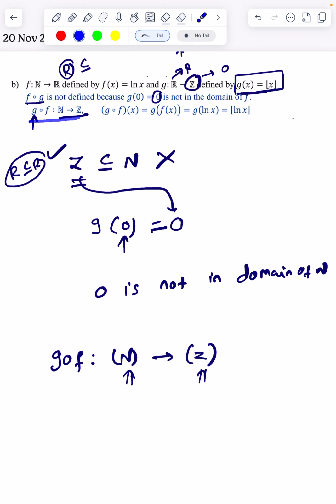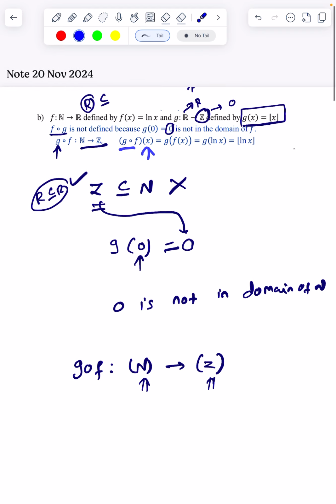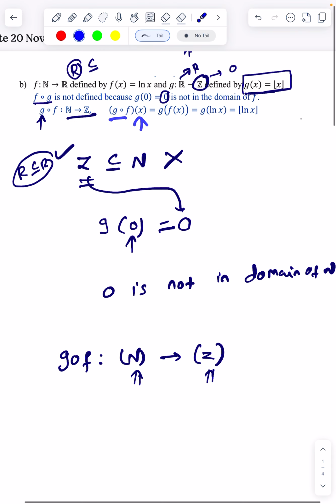In this way we can write the statement. After that we can find the composite function in terms of x. As we know from the first question, we first remove the circle and plug in the bracket for the function f of x. Then f of x is already defined as ln x, so we replace f of x by ln x.